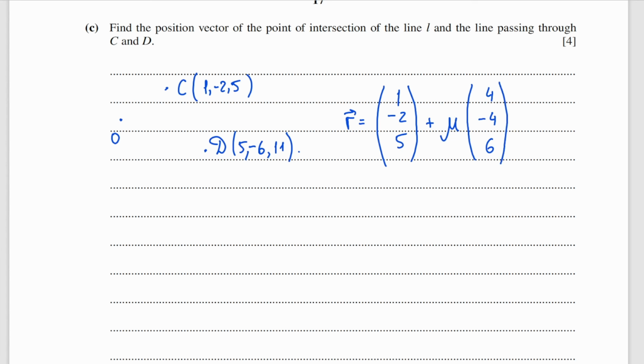So this is the line CD. Now from the previous question, the line L is 3 minus 1, 2, plus lambda, 2, minus 3, and 5. That's the line L.